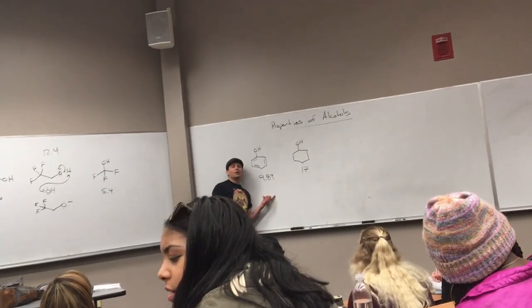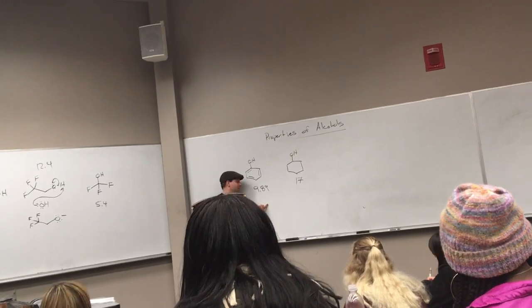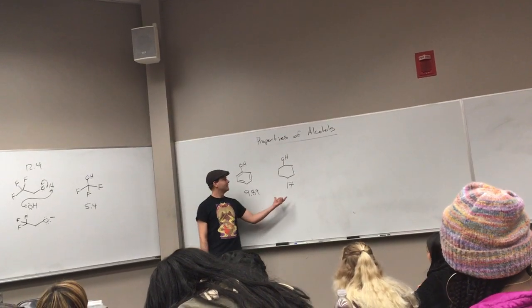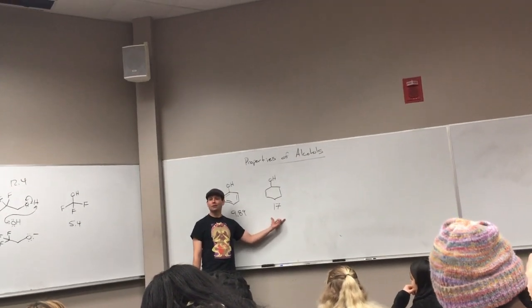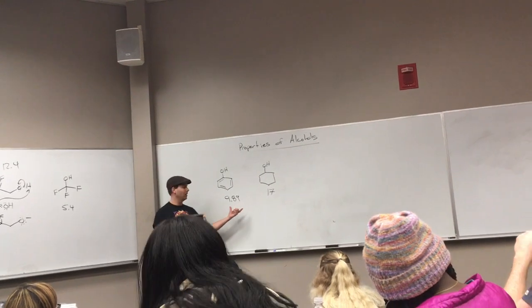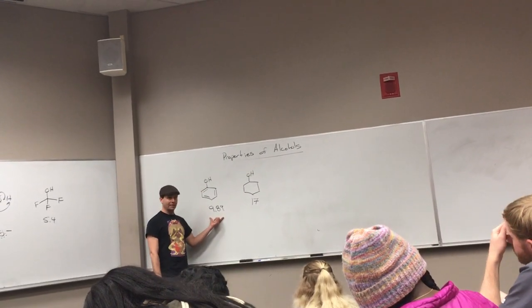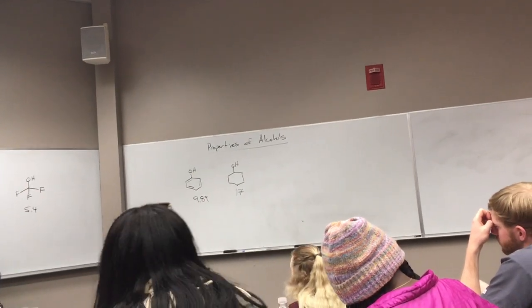Here we go. One alcohol on a 6-membered ring. The pKa is 9.8. Almost half of the pKa here. Why is this 6-membered ring alcohol twice as acidic as this one? It is resonance.